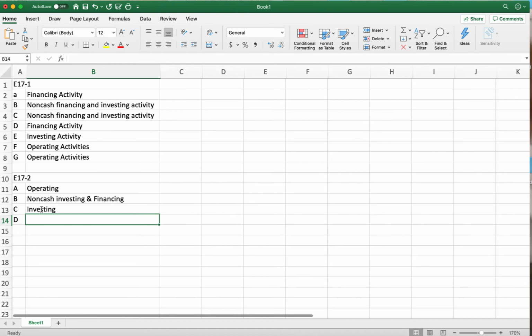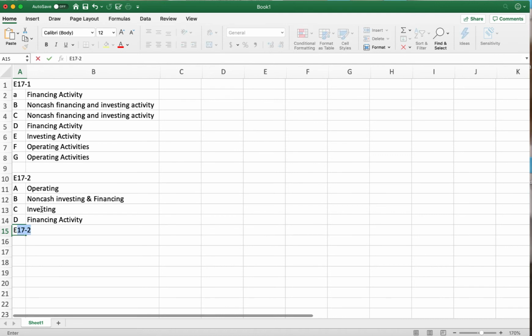That is a financing activity. Okay, so you need to remember that if we're paying dividends, it's financing. If we're paying any interest that is in regards to long-term debt, the payment of that interest has to be an operating activity. Okay?